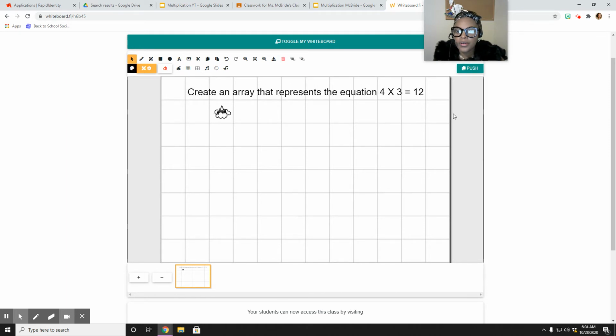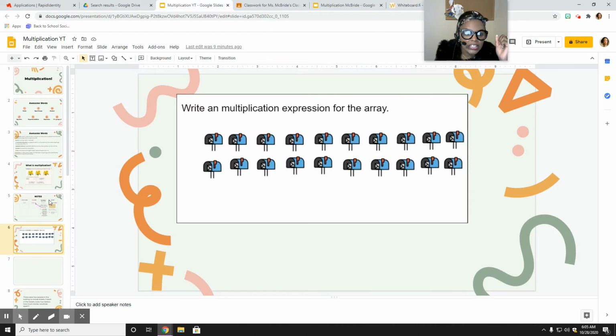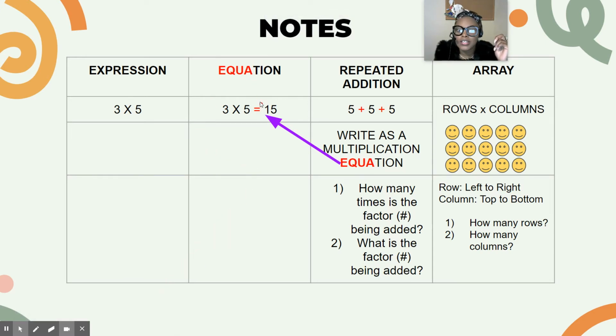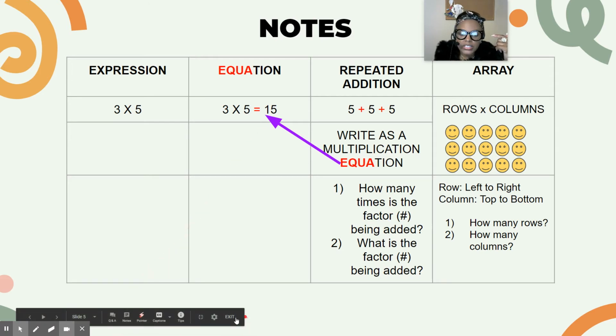So here, I'm not asking for an expression, I'm asking for an equation. And the equation has an equal sign. Let's take a look at my chart really quickly. If you see on equations, they have equa in equal sign, equation. Okay, that's a way to remember it. Equation of equal sign. Okay, so we definitely need that.